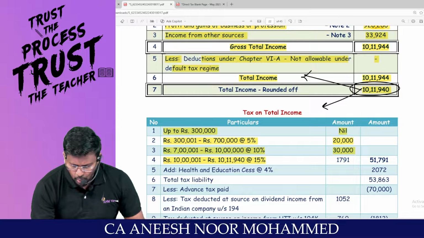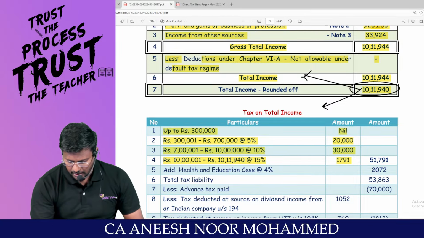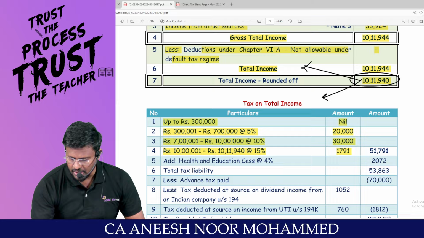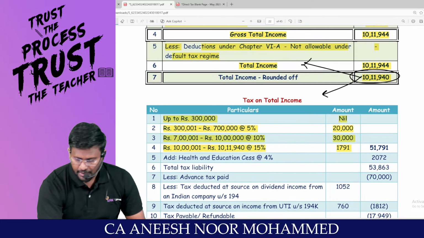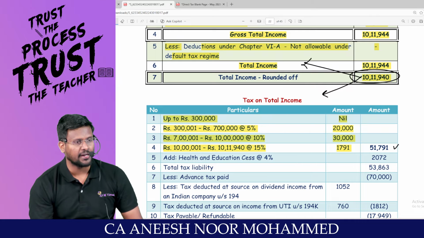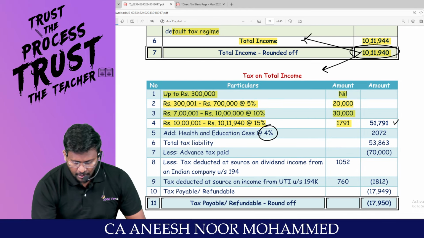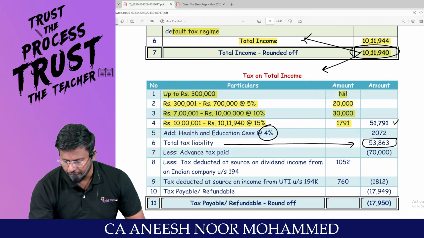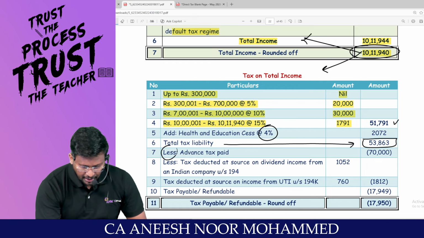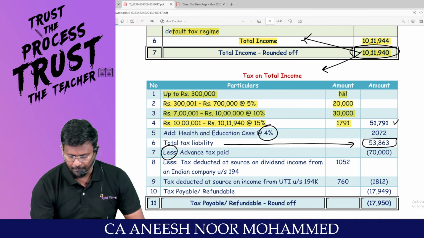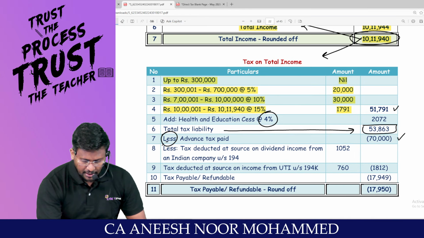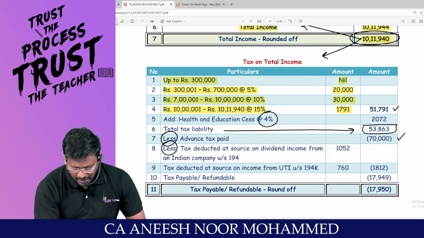For the next 2 lakh, 15%, that comes to 1,791. So you will be getting 51,791. Am I right? On that, health and education cess at the rate of 4%, total tax liability will be 53,863. Less advance tax paid, how much? 70,000. Less tax deducted at source under 194.